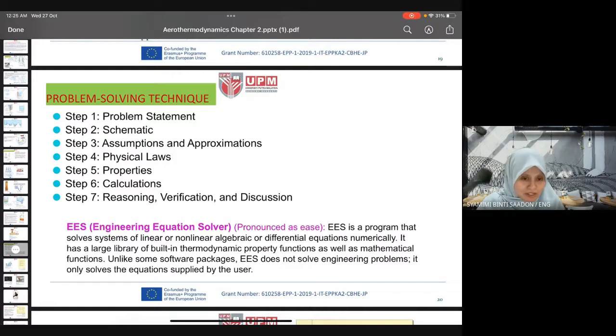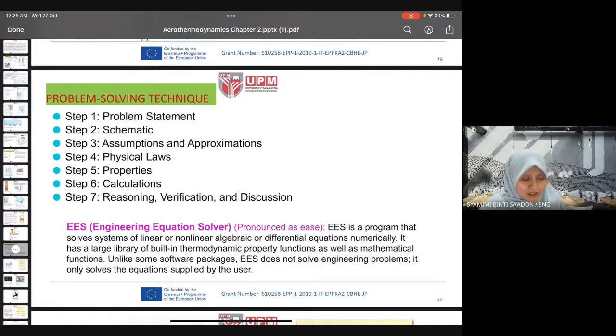Normally, we use software called Engineering Equation Solver, but this is just an example of thermodynamic software, so it's not compulsory to use this one. You can also just use MATLAB or Python to solve a thermodynamic case study problem.